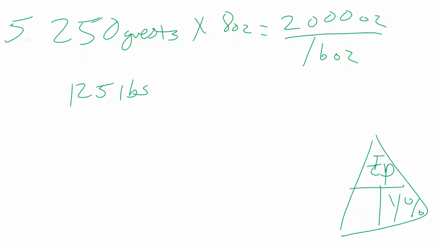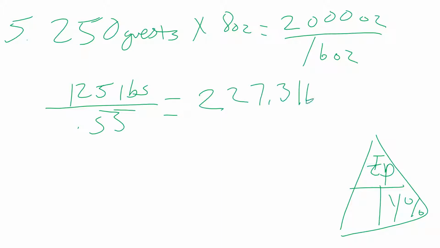Edible portion divided by our yield percentage, 55%. Okay. What do we got? 227.27. Okay, so can we round that up to 0.3? Yes.